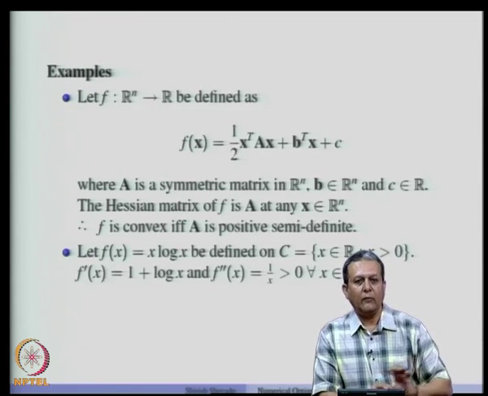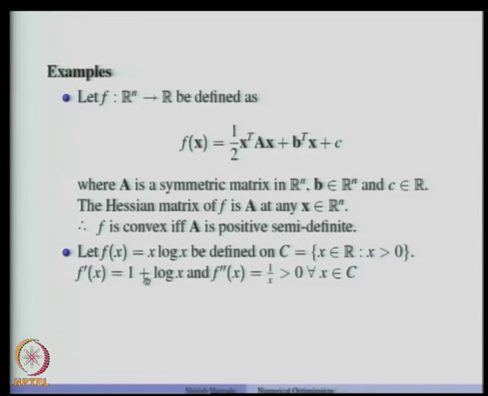The derivative of this function is 1 plus log x, and the second derivative is 1 by x, and that quantity is greater than 0 for every positive real number, or for every x belonging to C. Therefore, since the second derivative is always greater than 0, we can say that f is convex. In fact, one can also say that this is a strictly convex function because the second derivative is always greater than 0.